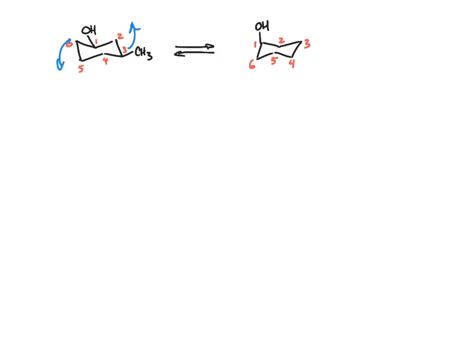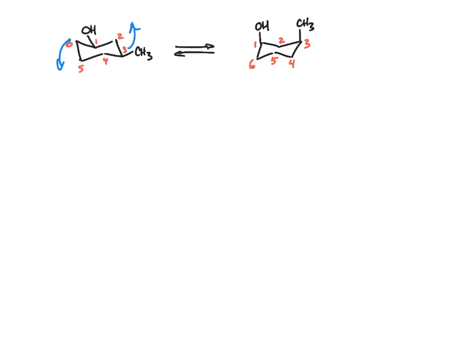So carbon 3, the methyl group, what is that going to be? Axial also. It's going to be axial.